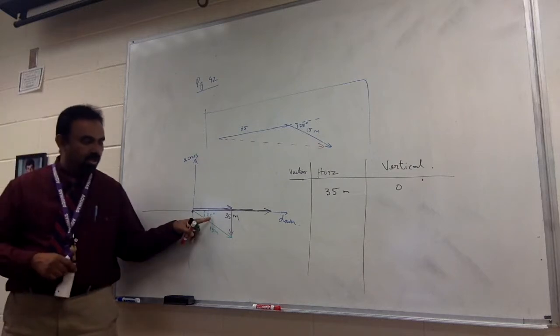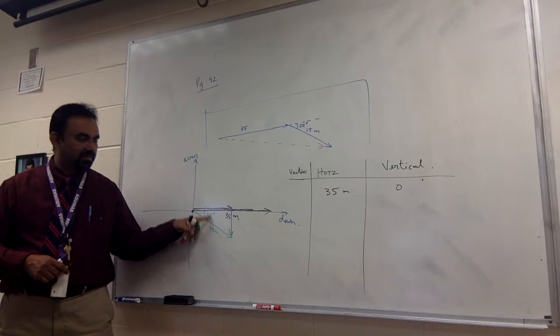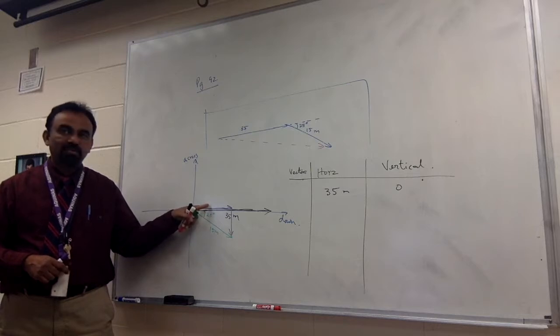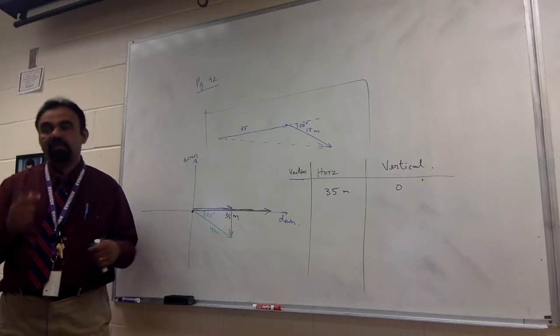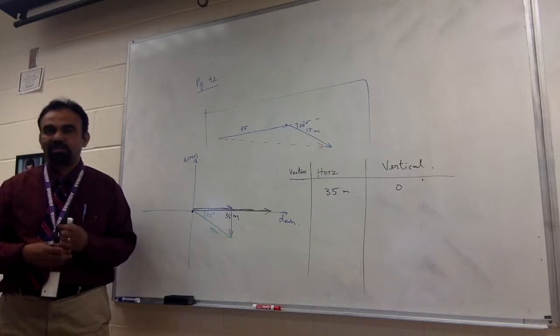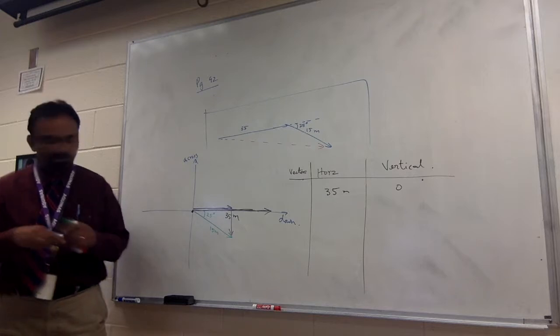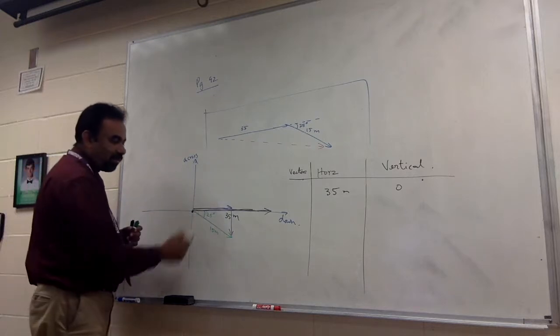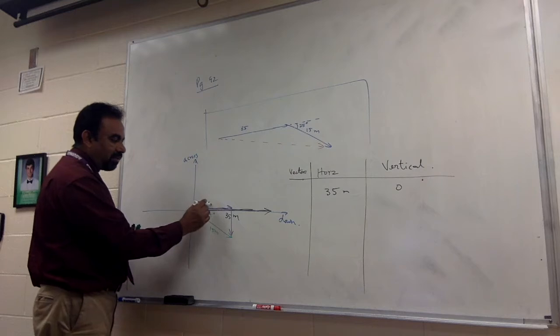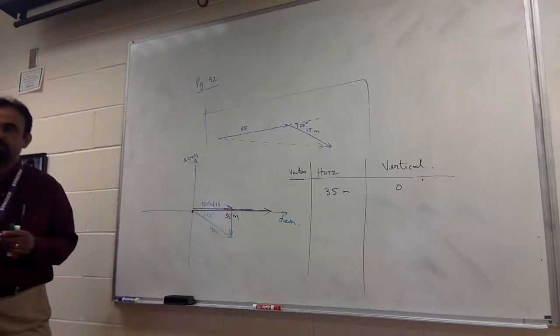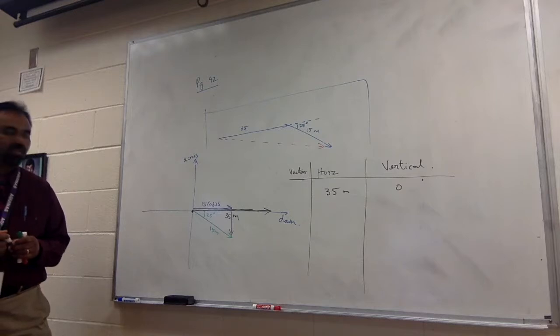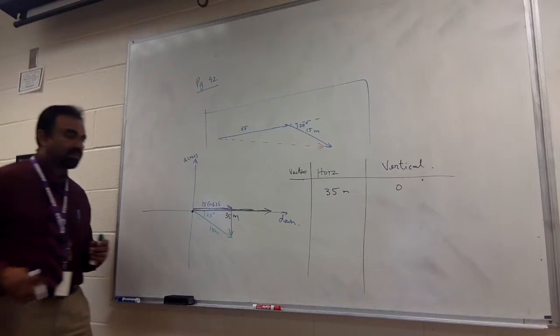Now, looking at this angle 25 degrees, is this component the opposite component or the adjacent component? Adjacent component is given by cosine. So then this component is 15 cosine 25. Now how much is 15 cosine 25? Do it on the calculator.